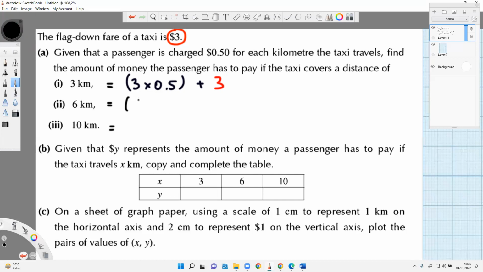If 6 kilometers, 6 times 0.5 also, right? And then plus 3. Why 3? Because 3 is unchanged. How long you travel, the flag down fare stays the same.